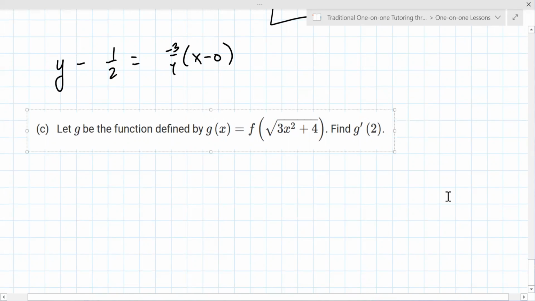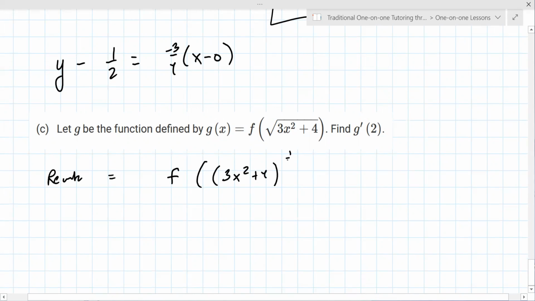All right. So part C, find g prime of 2. Let's do a small rewrite here. I do recommend spending the time to rewrite this. It's f of (3x squared plus 4) to the 1/2 power.